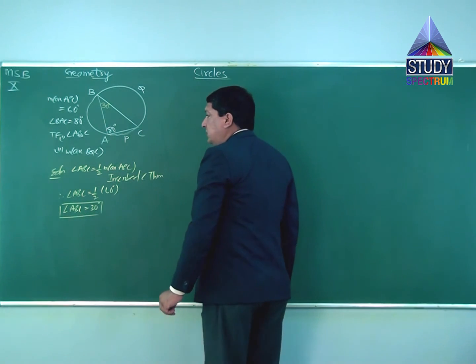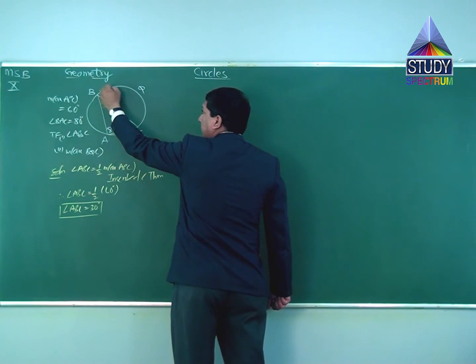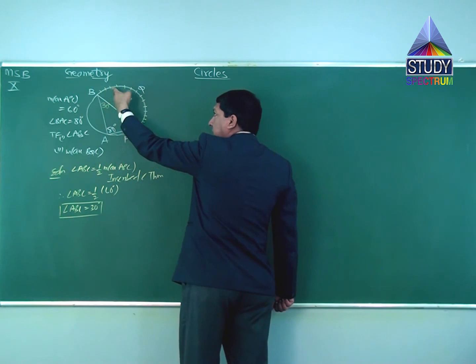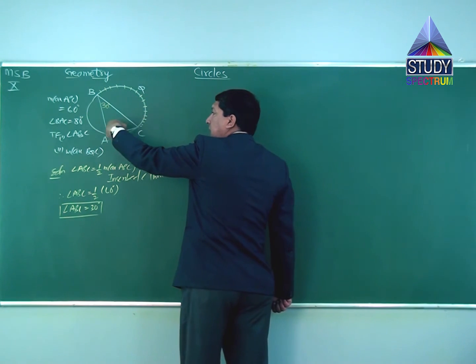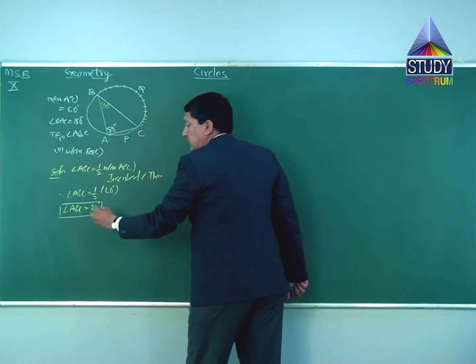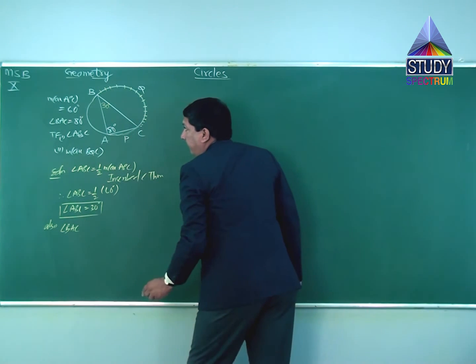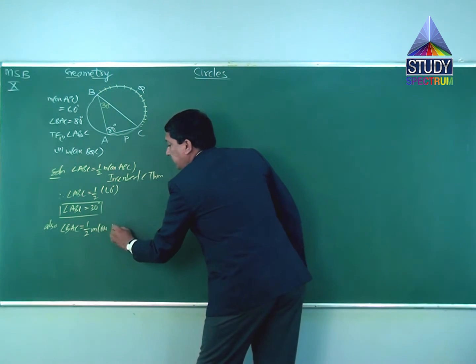Second, we need to find the measure of arc BQC. This is your arc BQC. Now this arc BQC is an intercepted arc for which angle? Angle BAC. Also, angle BAC is equal to half the measure of arc BQC.